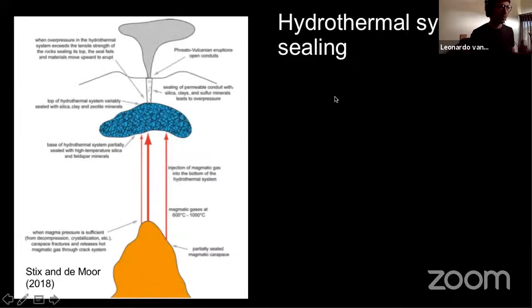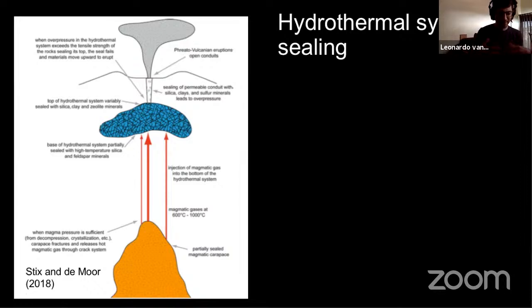So the idea that this observation suggests is that we have a sealing of the hydrothermal system, and this is an idea from Martin de Moor and John Stix. And maybe we have this magmatic body that is rising and degassing, so maybe it's interacting with the hydrothermal system, and in this interaction we have precipitation of minerals.